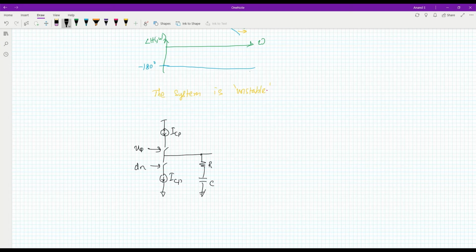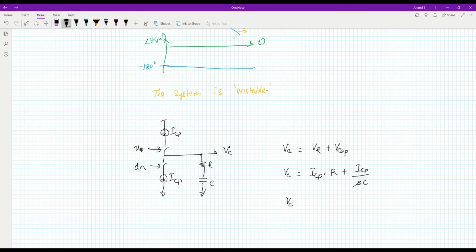Okay, so here you have an output voltage which is called the control voltage, which is given by the sum of the voltage drop across the resistor plus the voltage drop across the capacitor. So VC will be equal to, if ICP is the charge pump current, ICP multiplied by R, plus V cap equal to ICP over SC.